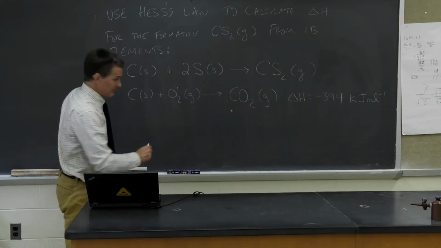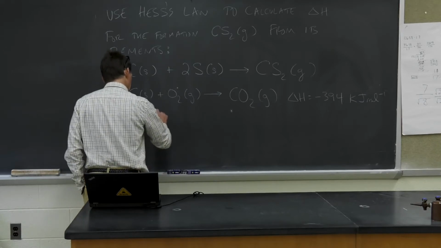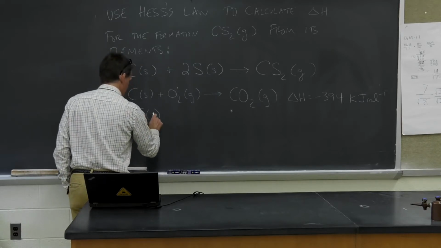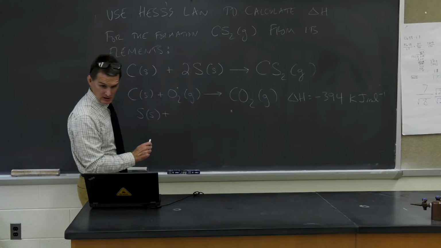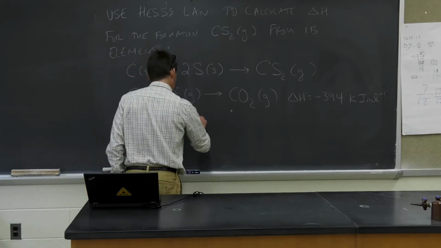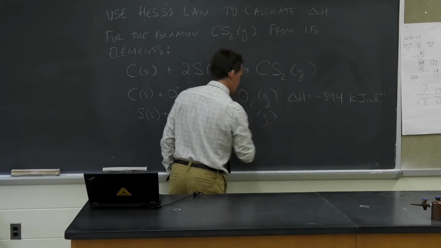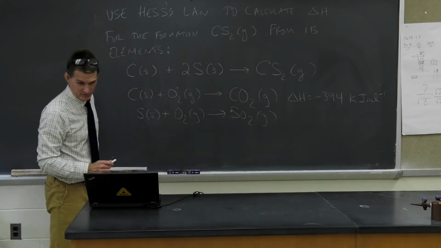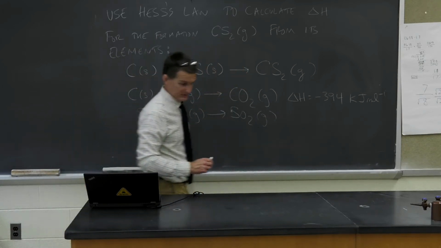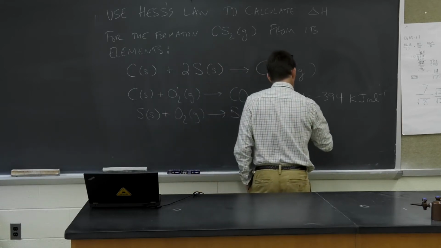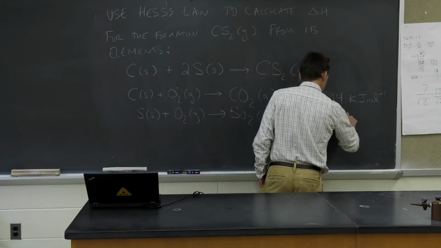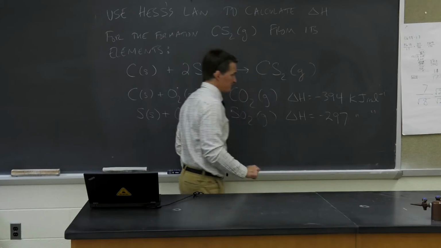The second reaction is going to be solid sulfur plus oxygen gas going to sulfur dioxide gas, and the enthalpy change for that particular reaction is going to be minus 297, again kilojoules per mole.